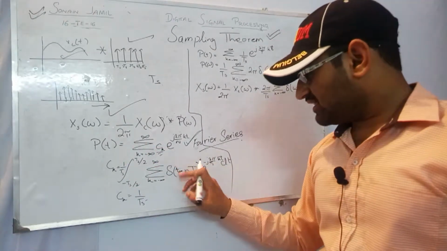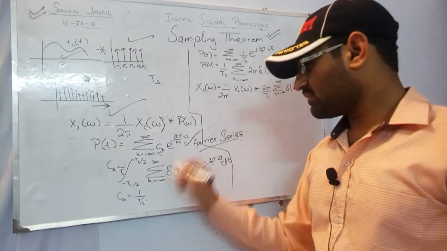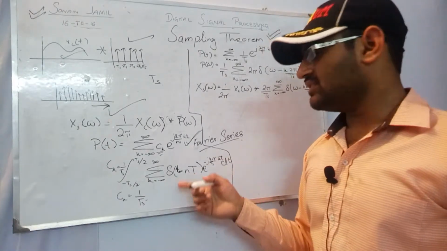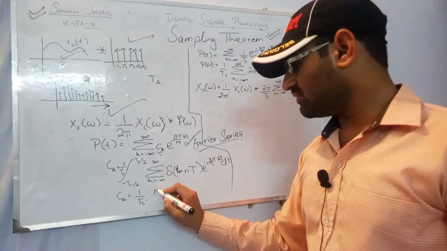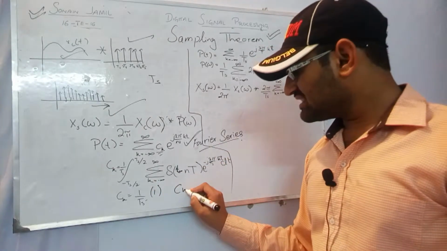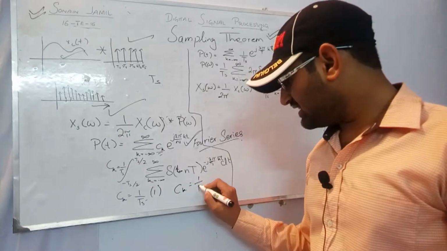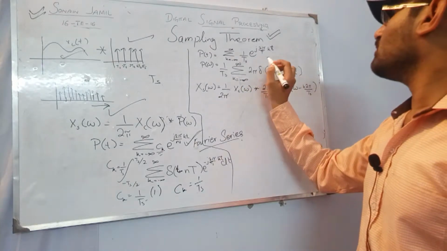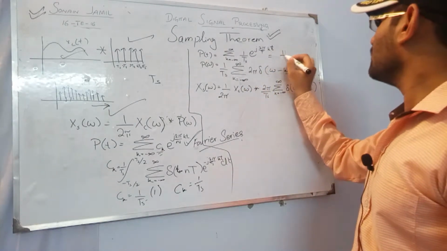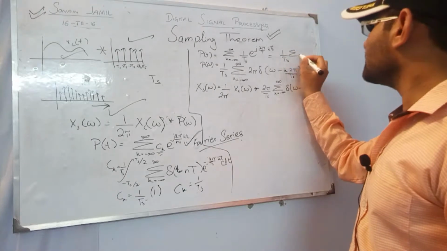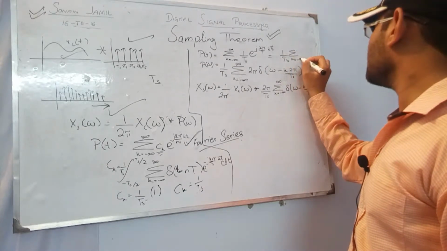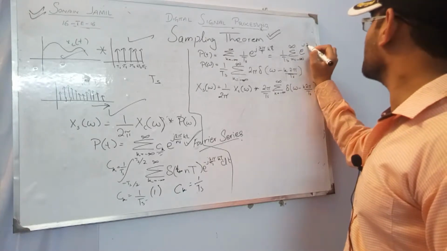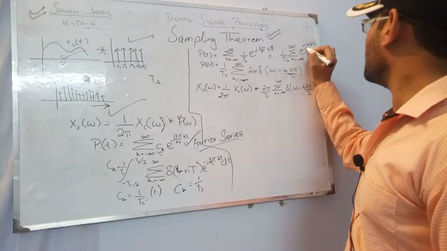If we integrate the impulse train over minus infinity to infinity, summation and then integration, the answer would be 1. So C of k would be 1 over Ts. If we substitute this value in the formula, it comes out to be 1 over Ts, summation k equal to minus infinity to infinity, e power j 2 pi k t by T.